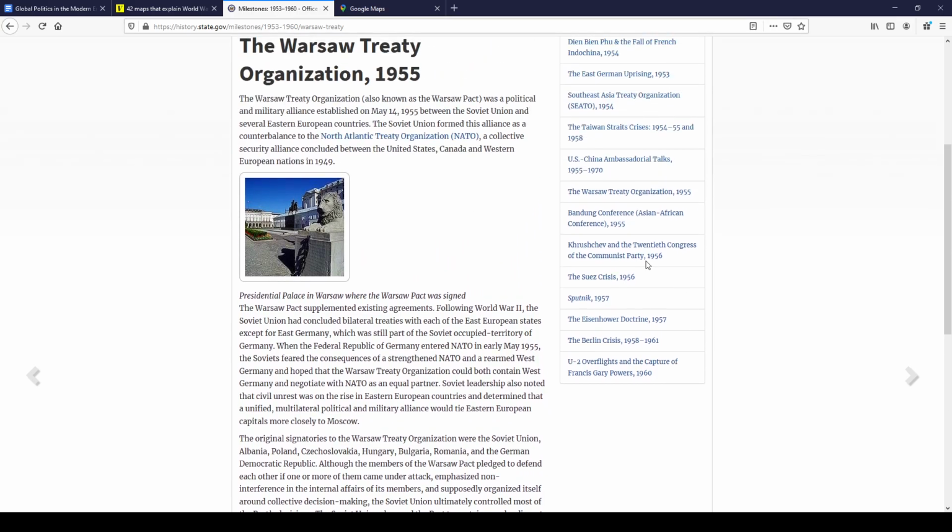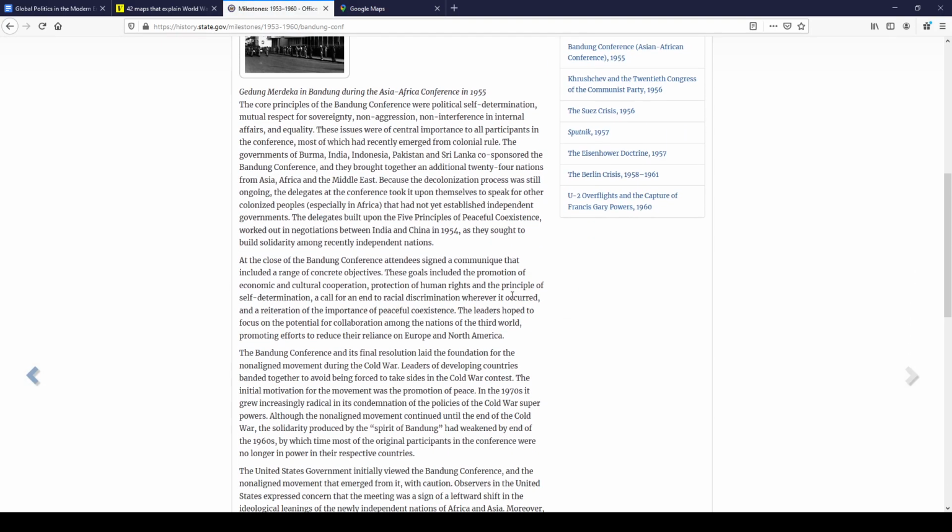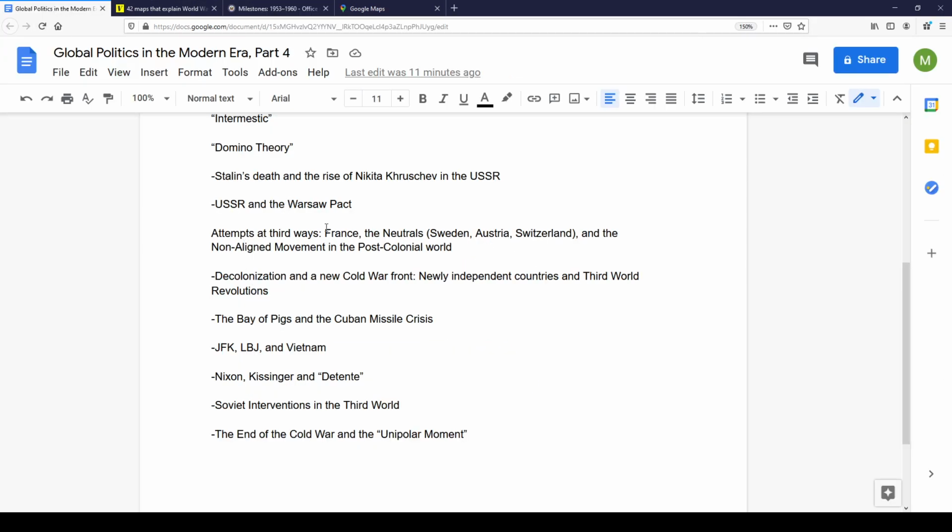Was there anything on here for this new one? Yeah, it has the Bandung Conference, which is largely viewed as the start of what's known as the non-aligned movement. Very, very interesting. The non-aligned movement really refers to former colonial countries.